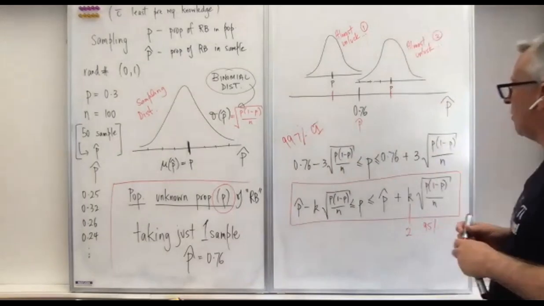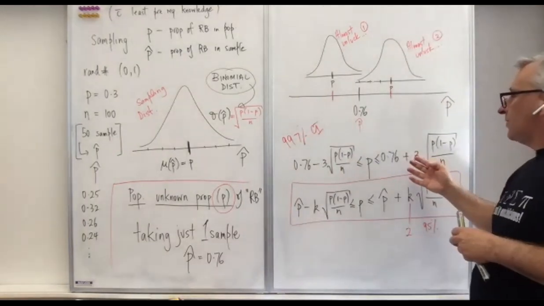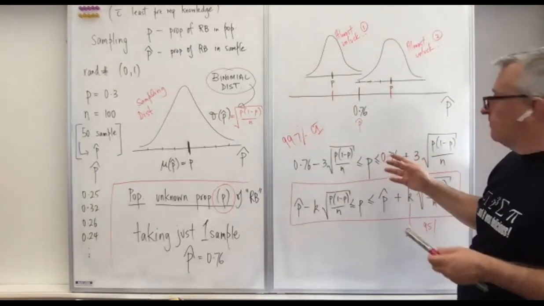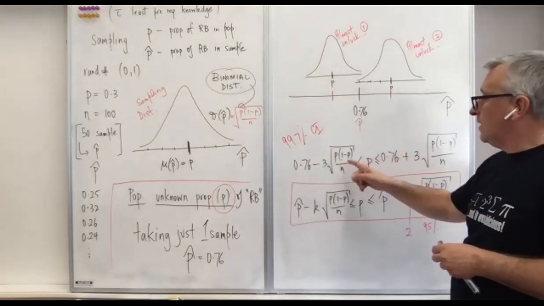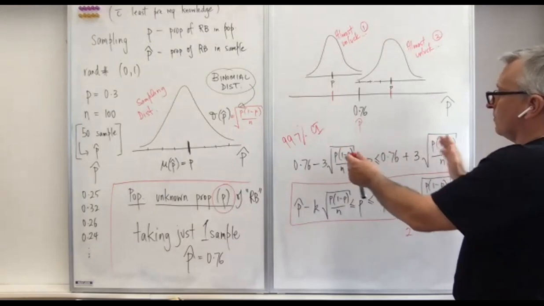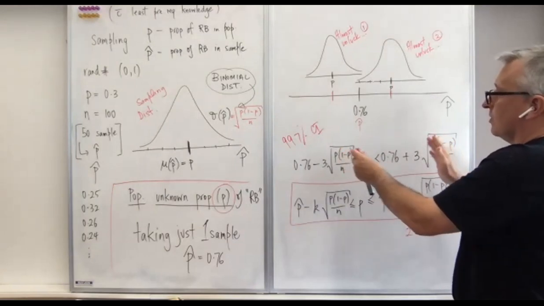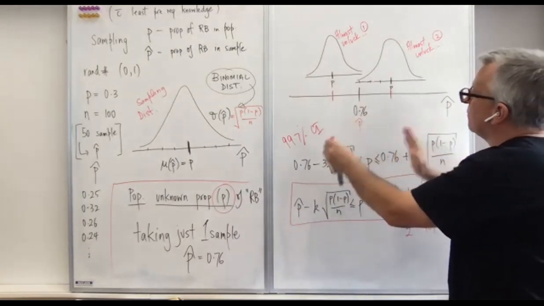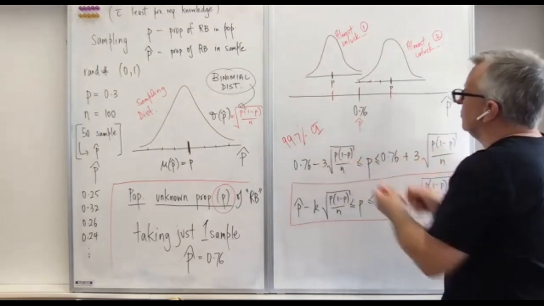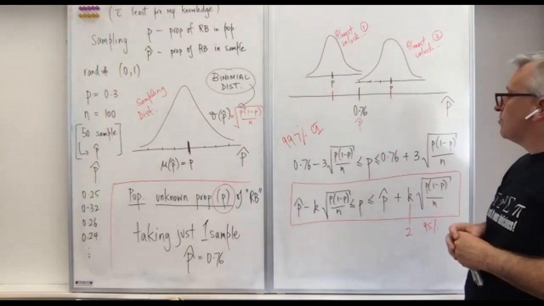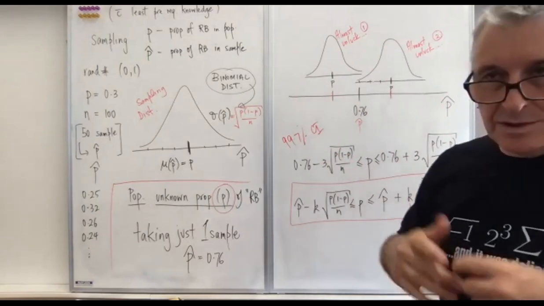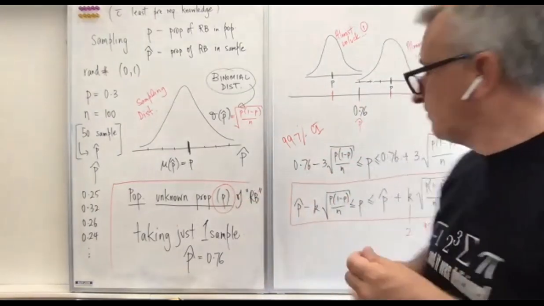And the logic here is that on average, out of say 100 attempts, in this case, 99.7 of them would capture or include the population proportion, and the other percentage would not.